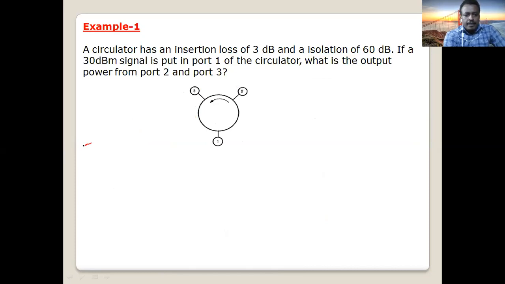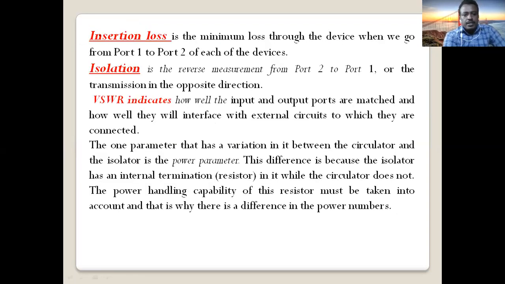So let's see this example. This circulator has insertion loss of 3 dB, as I said, insertion loss 3 dB. What does insertion loss mean? Insertion loss means, as you can see here, loss through a device when you go from port 1 to port 2 of each device.